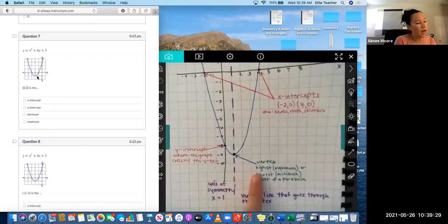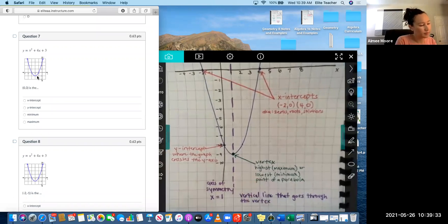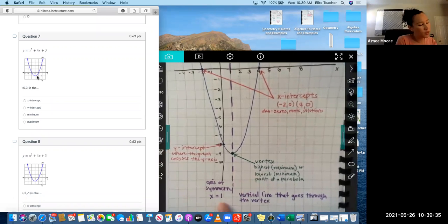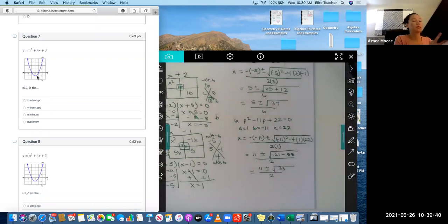The vertex is the highest or the lowest point of the parabola. And the axis of symmetry is the vertical line that goes through the vertex. So for number 7, 0, 3, is that the x-intercept, the y-intercept, the minimum, or the maximum?